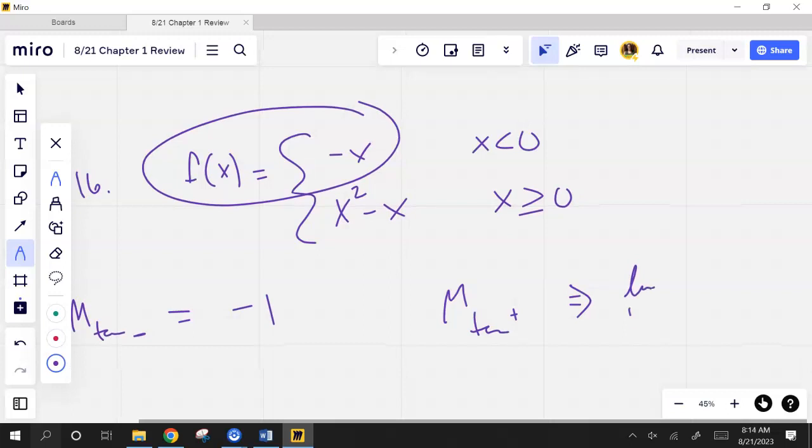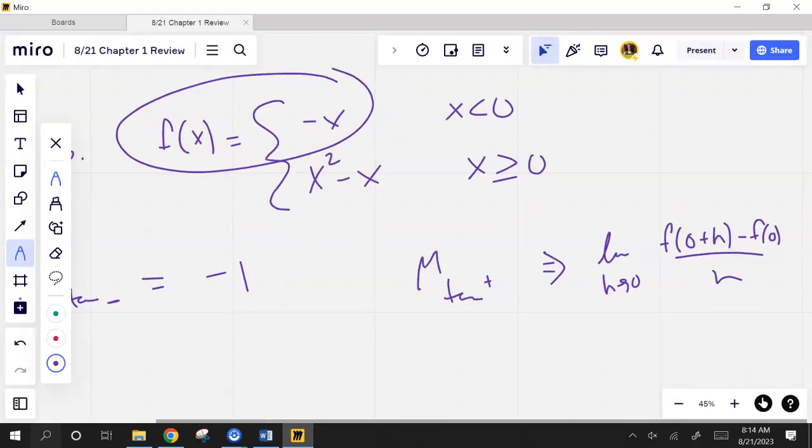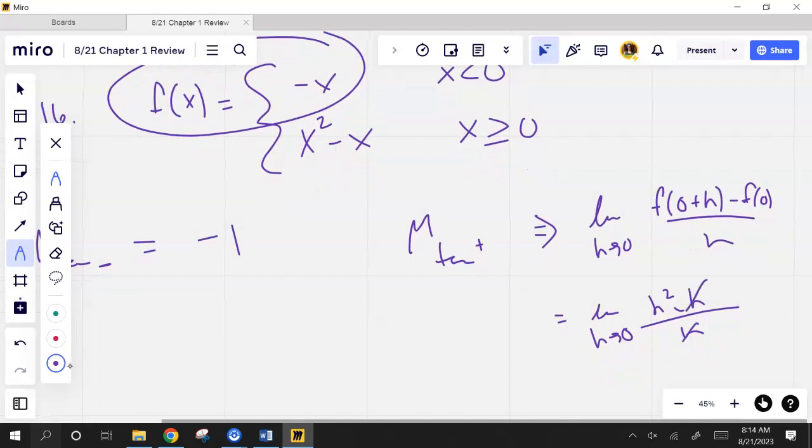The limit as h goes to 0, right? F of 0 plus h minus f of 0 over h, which is just h squared minus h, and then if I put a 0 in, I get 0 over h.